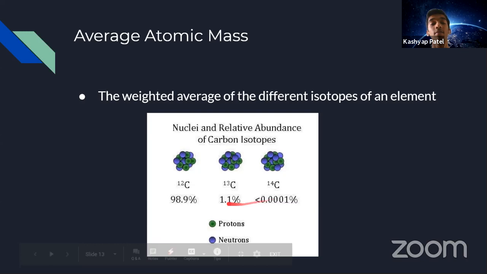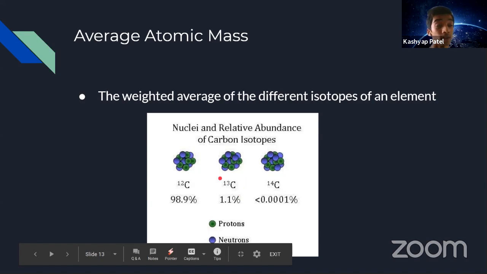If you take 99% of 12 and add that to 1.1% of 13, so basically multiply 12 by 0.99 and 13 by 0.01, because you're taking the percentage, you would get the weighted average.